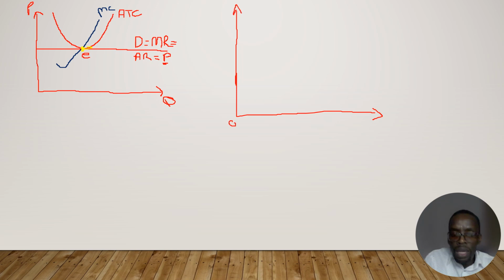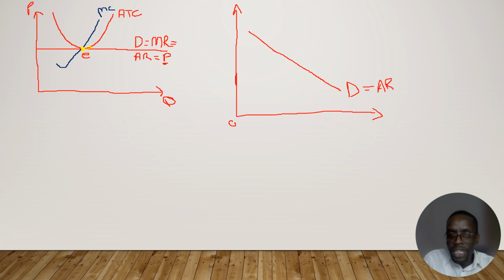Now you would understand that our demand curve is like that, and this D is going to be equal to our average revenue in a monopoly.